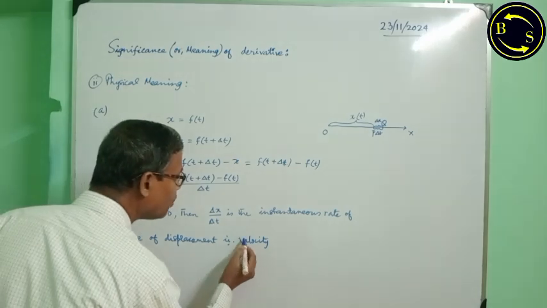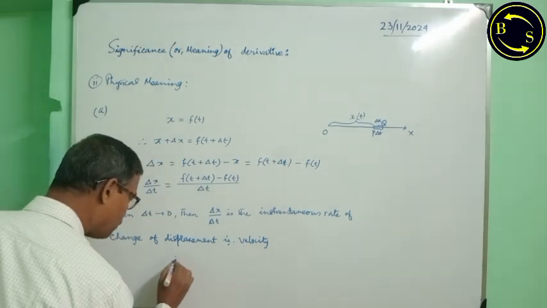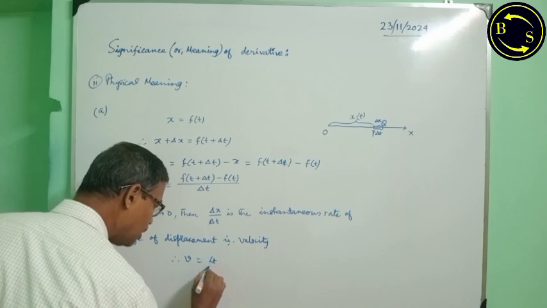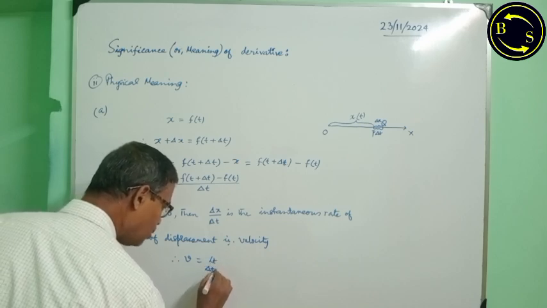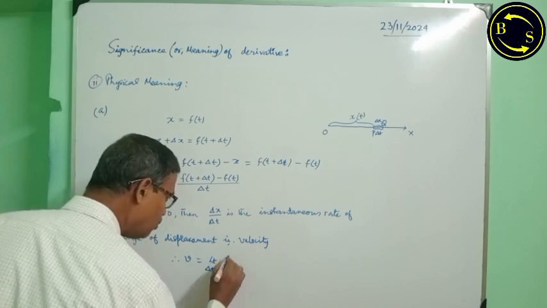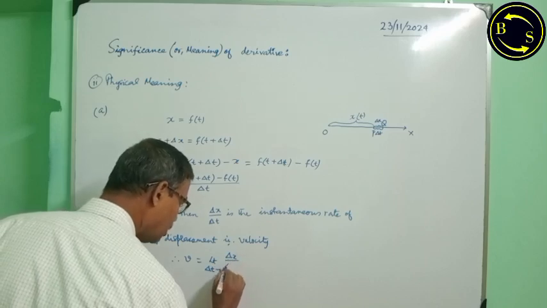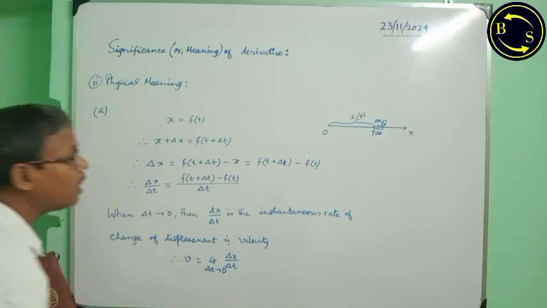We denote velocity by v, therefore v is equal to limit delta t tends to 0 delta x by delta t.